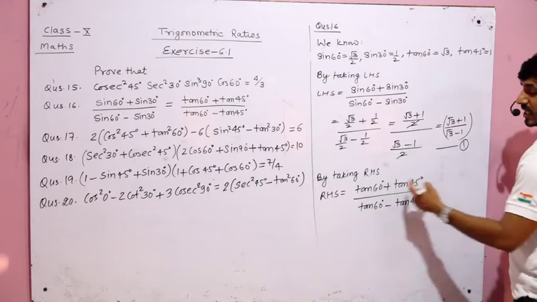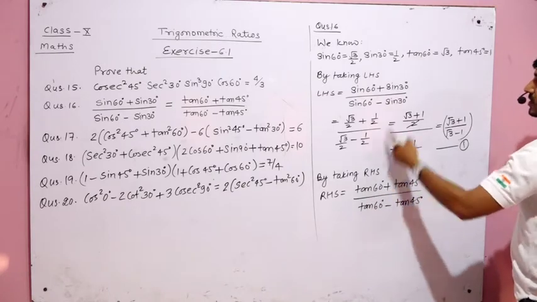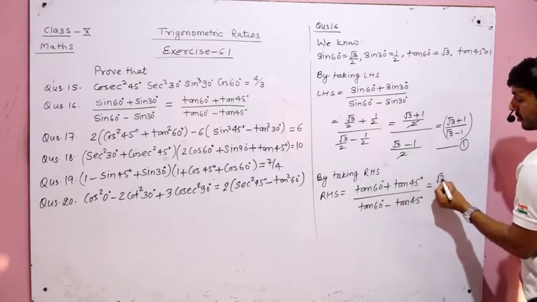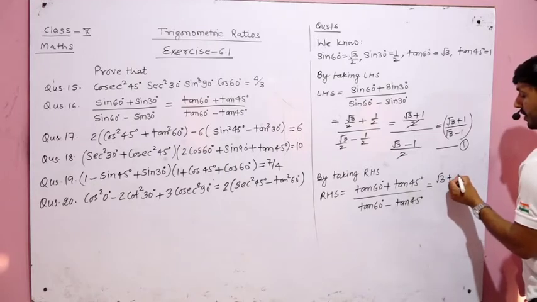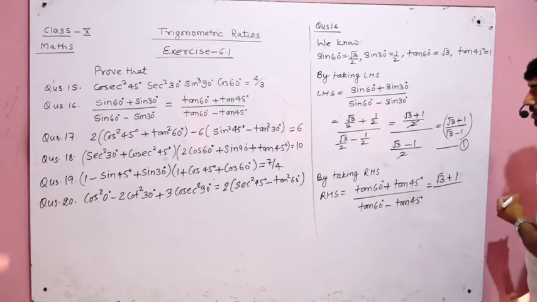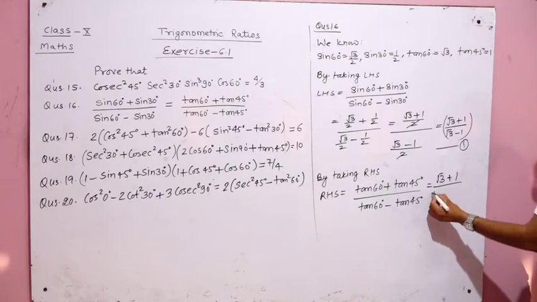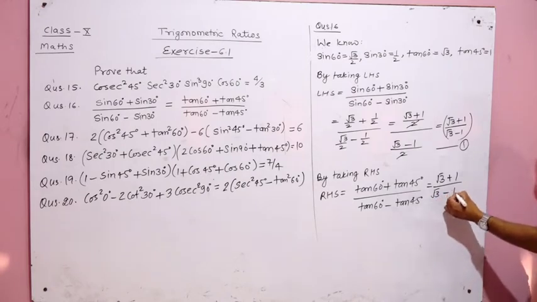As we can clearly see, the value of tan 60 degree is root 3, plus the value of tan 45 degree, that is 1, divided by root 3 minus 1. This is equation number 2.